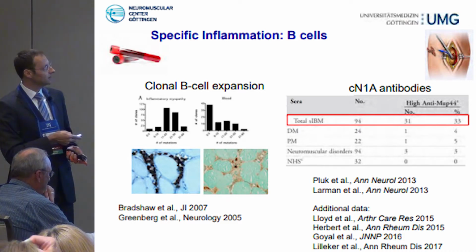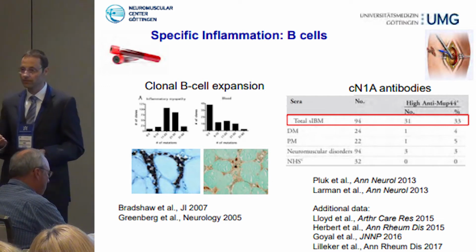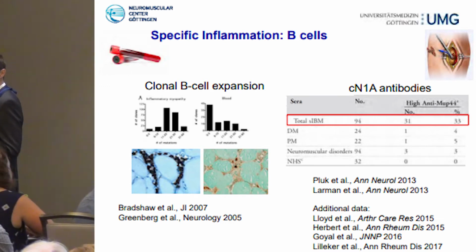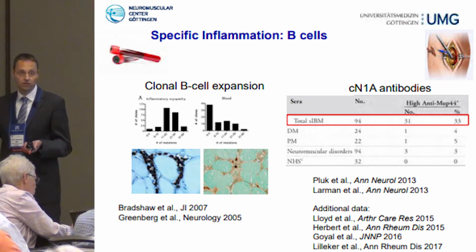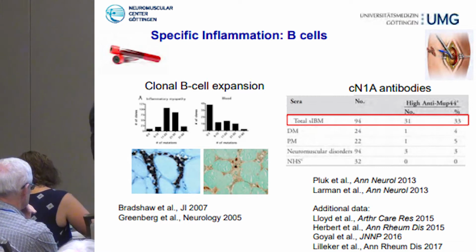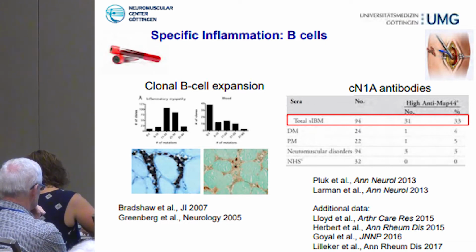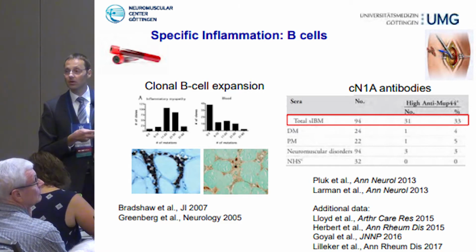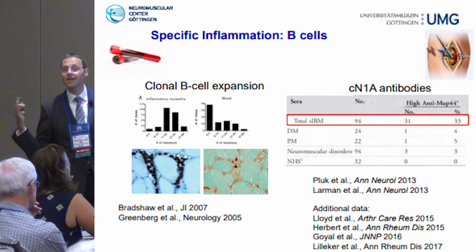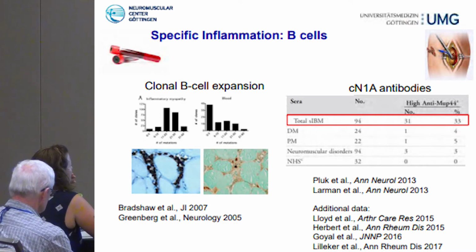Those proteins produced by B cells are called antibodies. Antibodies can be used as treatments like drugs, for example in rheumatoid arthritis and in other diseases, and they're very helpful. There are new biologicals, and there have been many trials for various inflammatory conditions, but such antibodies are also produced in immune conditions and also in IBM.